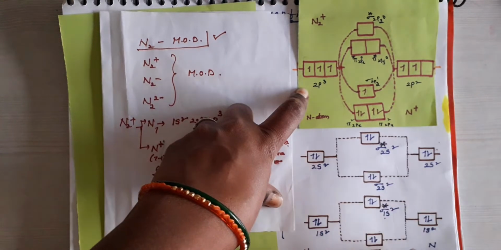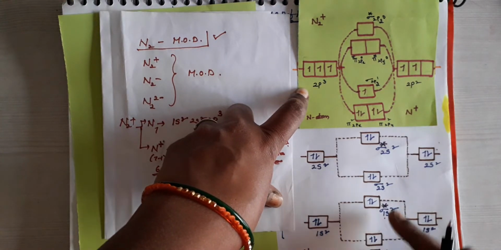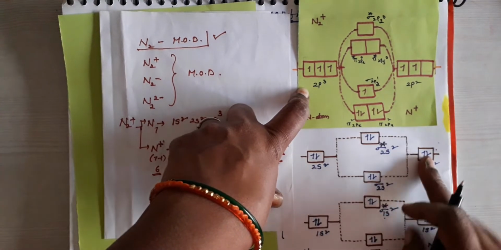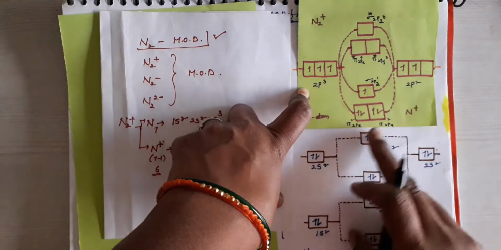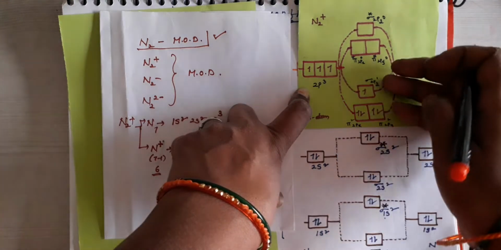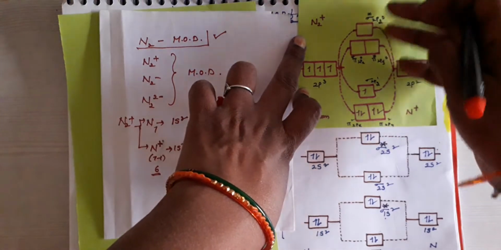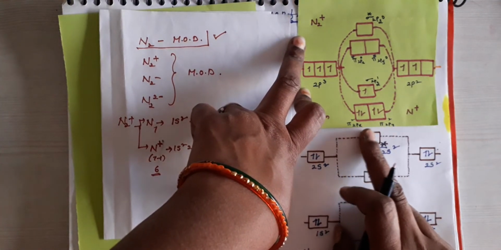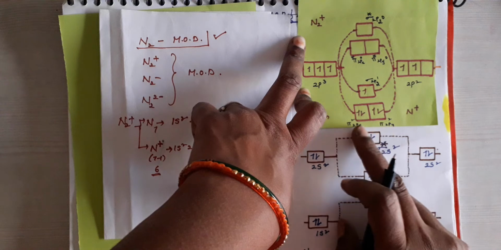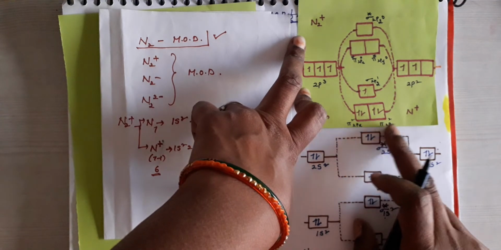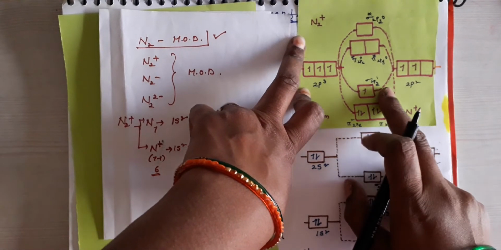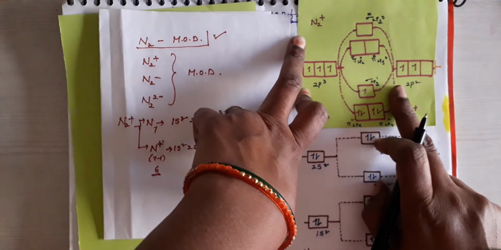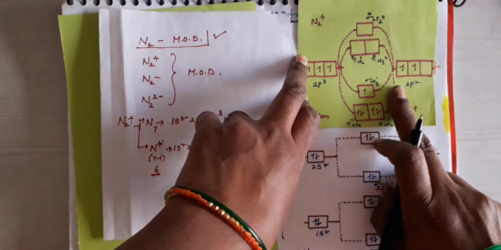Here sigma 1s2, sigma star 1s2, sigma 2s2, sigma star 2s2, up to here no doubt. For 2p, lower side is bonding, top side is anti-bonding. Pi 2px squared has 2 electrons, pi 2py squared, sigma 2pz 1, and the remaining anti-bonding orbitals are all empty. So this is about N2 plus.